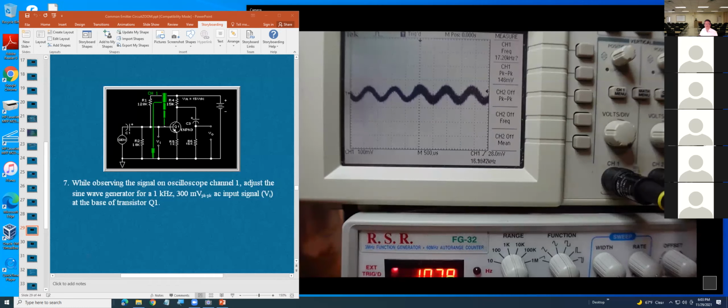Okay. What do they get? 150. Okay. Now I can tell you one thing. When the signal is in the millivolt range, the scope cannot measure the exact value. Don't trust that number. What can we do now?